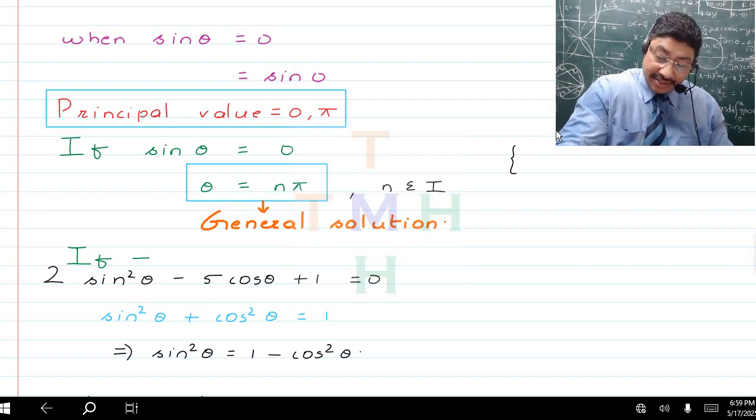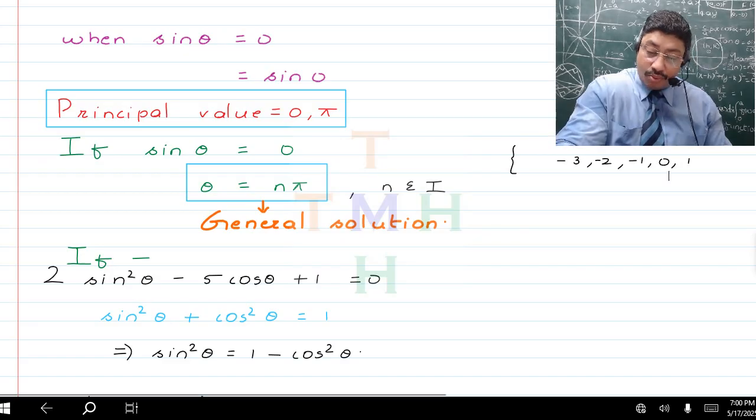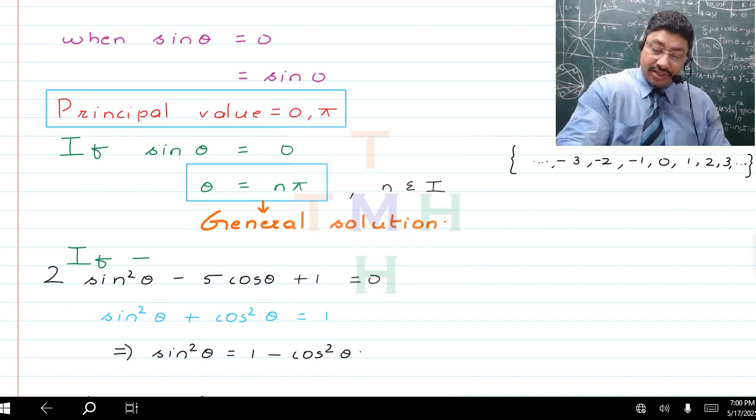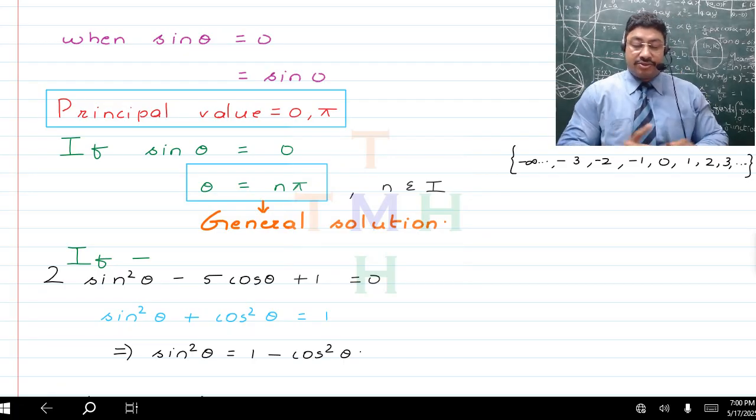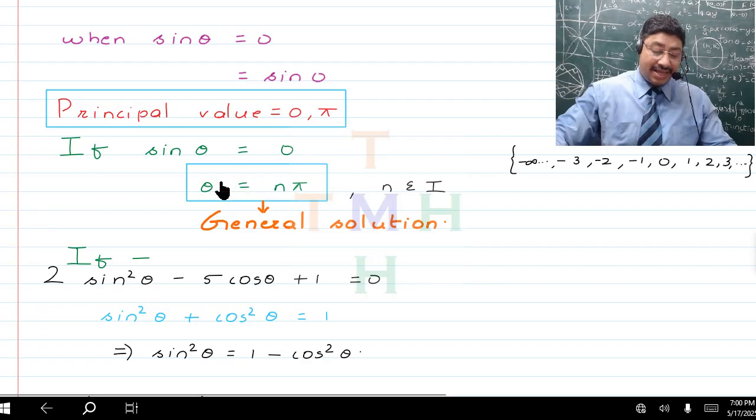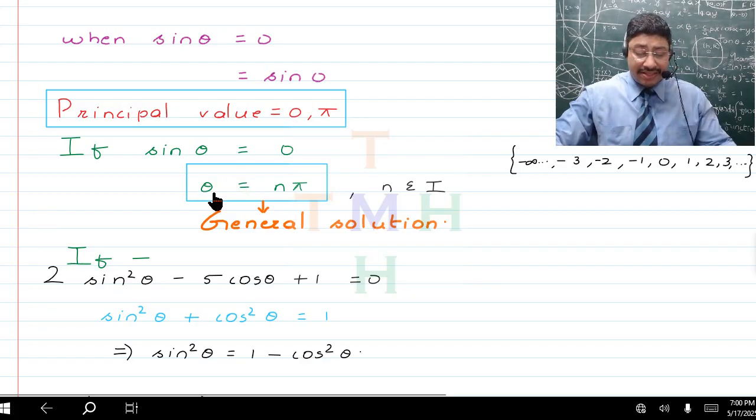It is something like -3, -2, -1, then you have 0, 1, 2, 3, and all of that continues up to infinity, and here too all of this continues up to minus infinity, right? So this is what the set of integers is, and this is how you will be able to get the angle theta. Now this is a general solution.